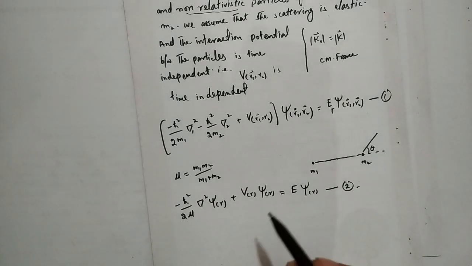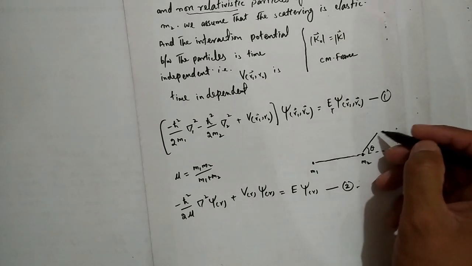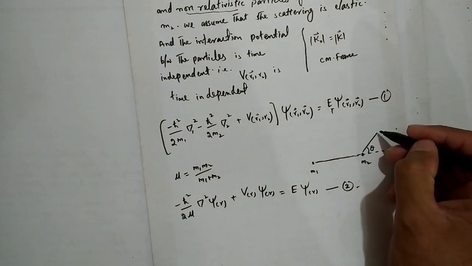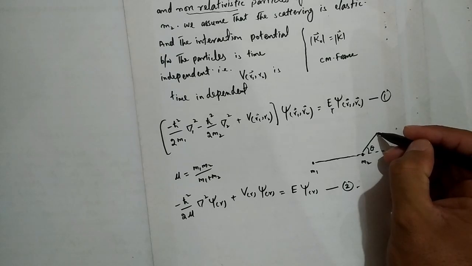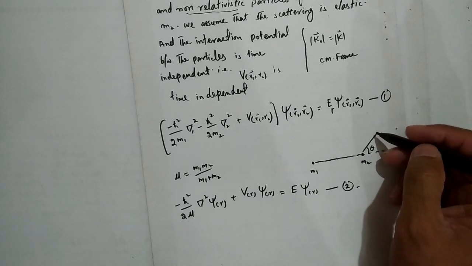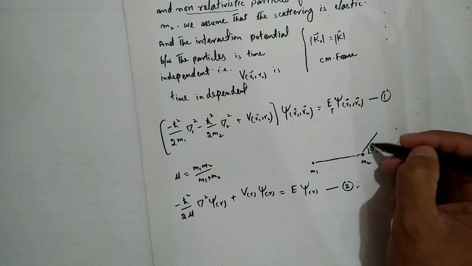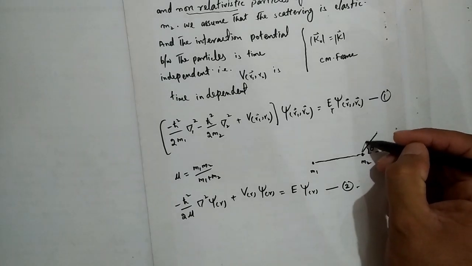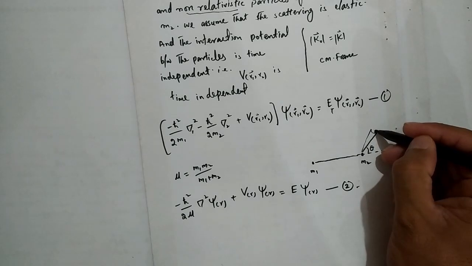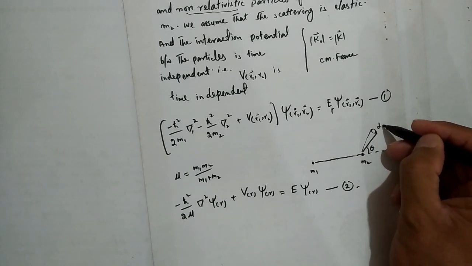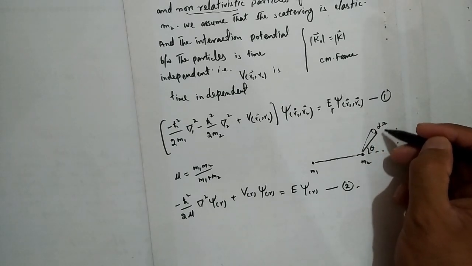That means it will give us the probability of the number of particles scattered in the direction of theta and phi through the solid angle d omega.